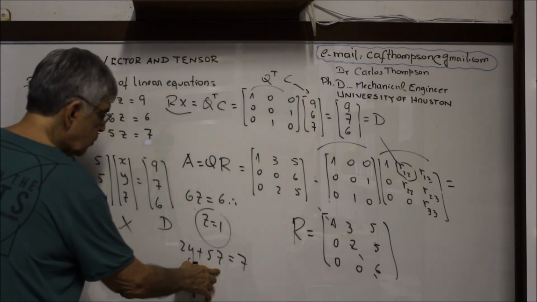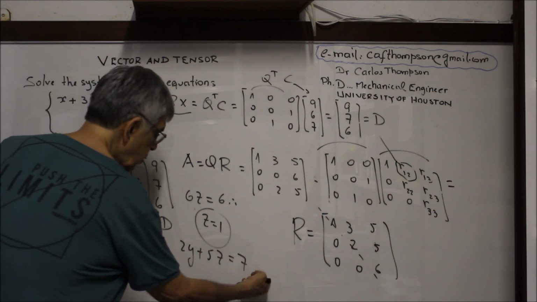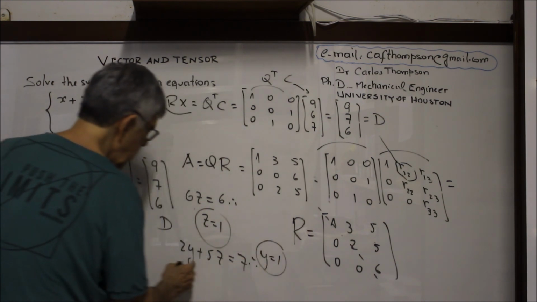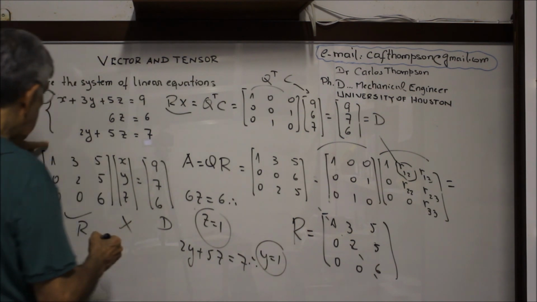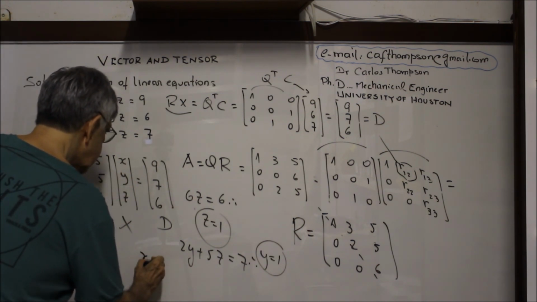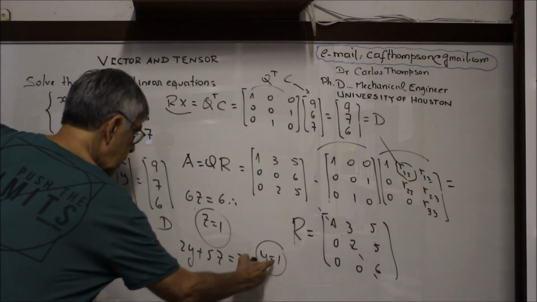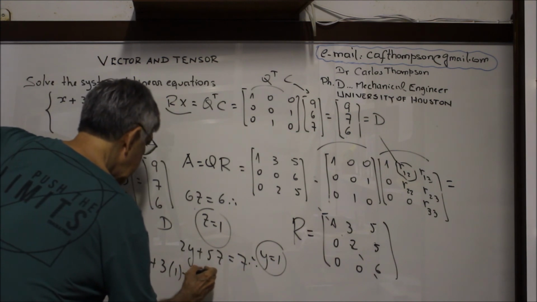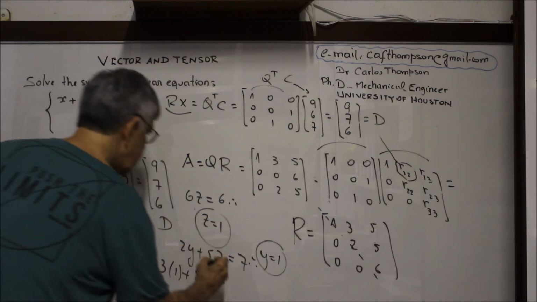So z is 1, 5 times 1 is 5, go to the other side, 7 minus 5 is 2, so y is equal to 1.